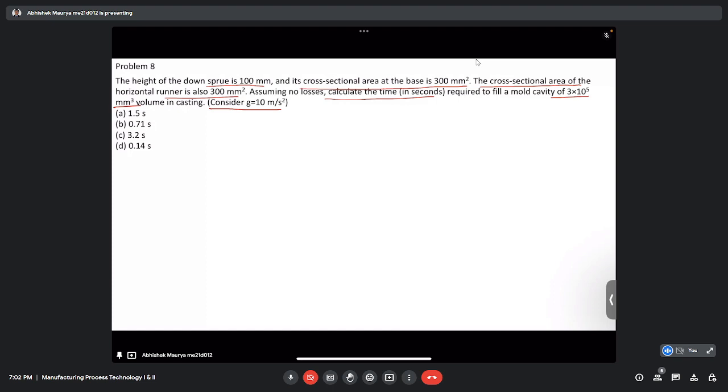So, okay, first I will draw the diagram. Then it might be easier for you. Yes, Weber has got the answer. Yes, correct. So, suppose we have a cavity something like this.